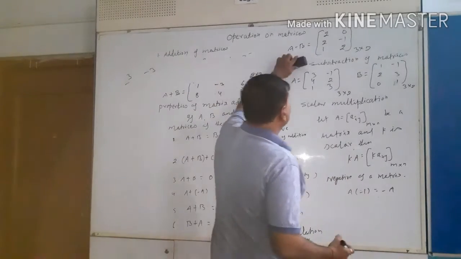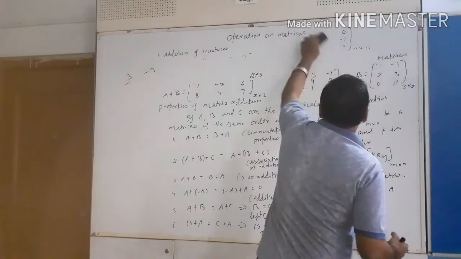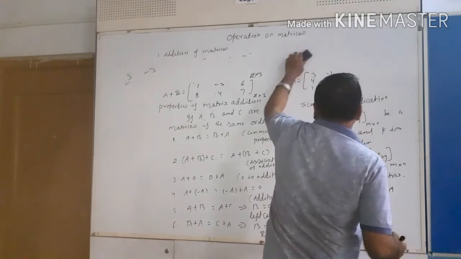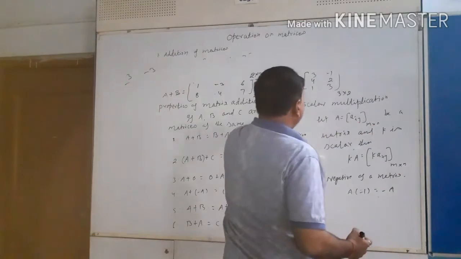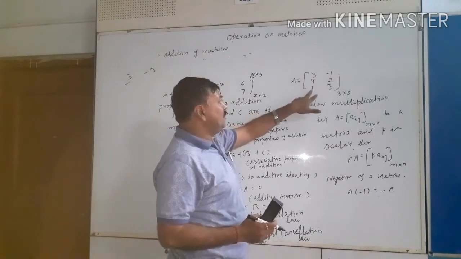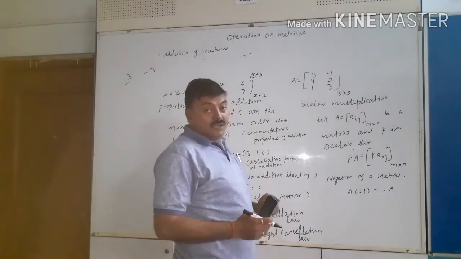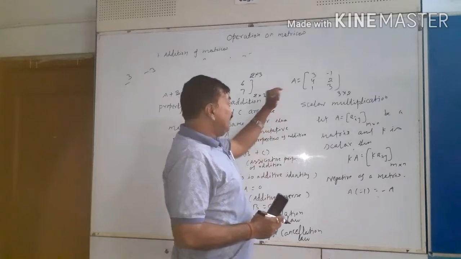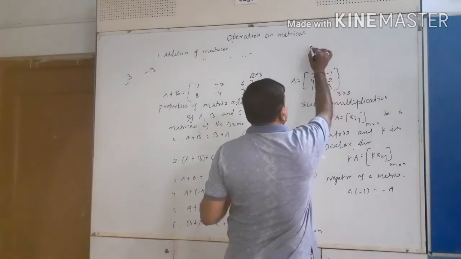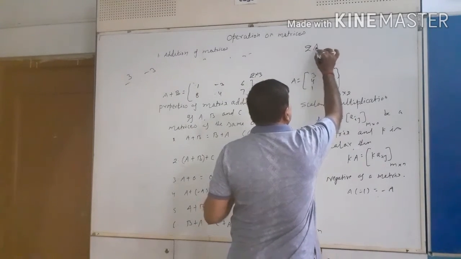So just see an example. It will be more clear with an example. Suppose the matrix A equals 3, 4, 1, minus 1. We have to multiply by 2, so 2A. 2 is a scalar here.